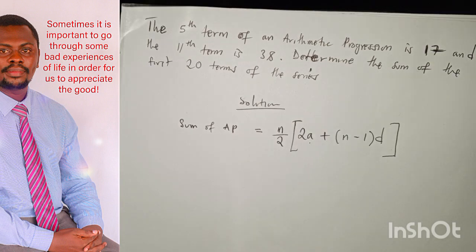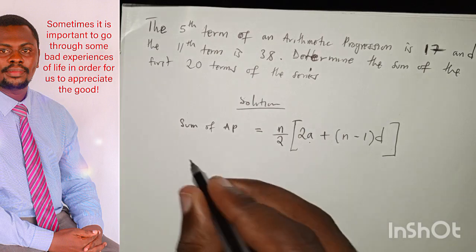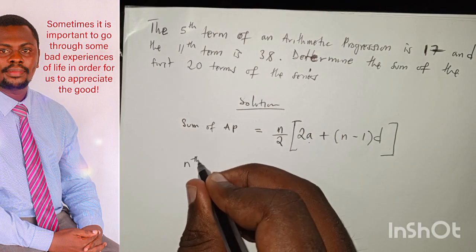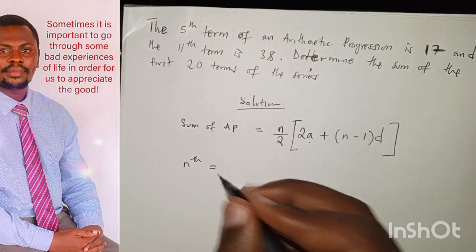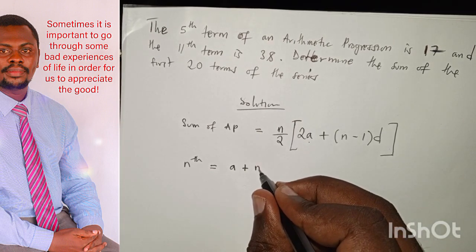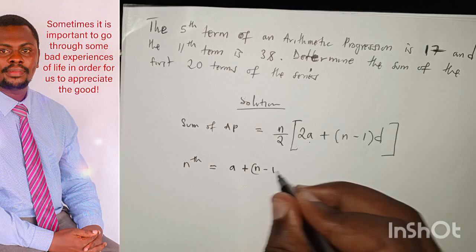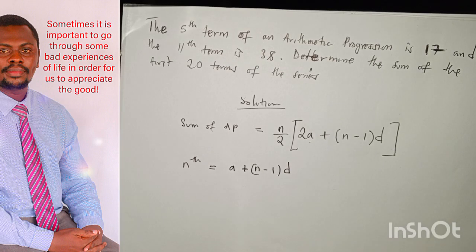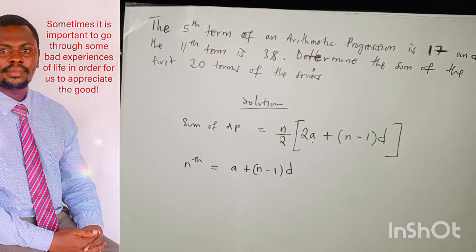The formula is: nth term is equal to a plus n minus 1, then d. Again, a is the first term, n is the number of terms, and d is the common difference.